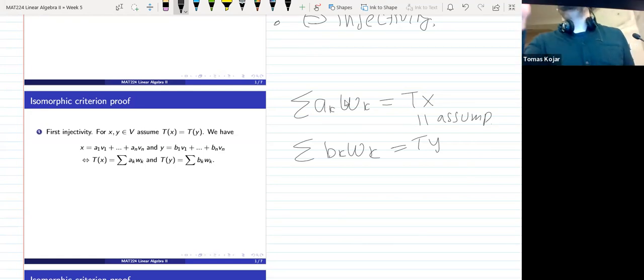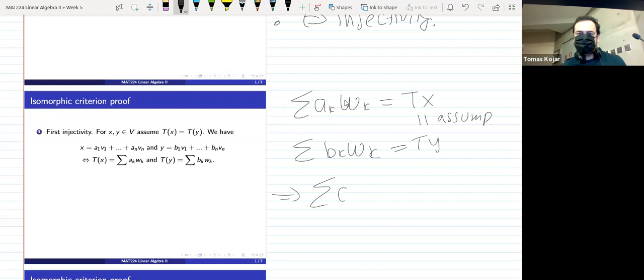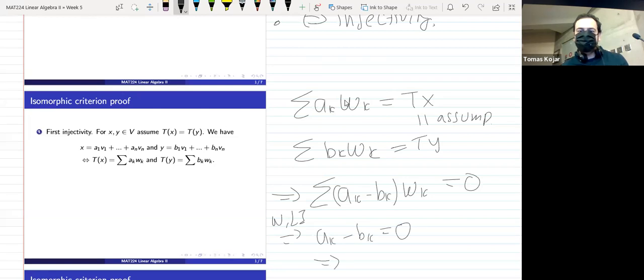Go ahead. Can you speak up? Perfect, thank you. So you take their difference and it's 0, but the w's are linearly independent. So you get that ak minus bk is 0, so ak is equal to bk.